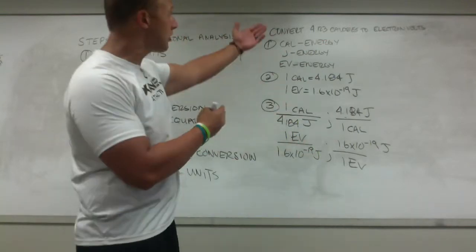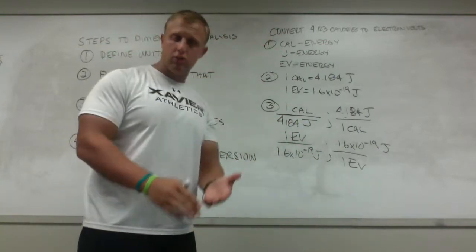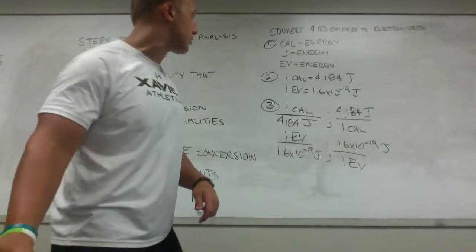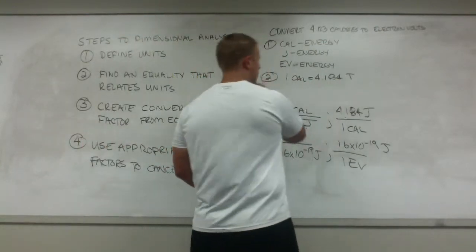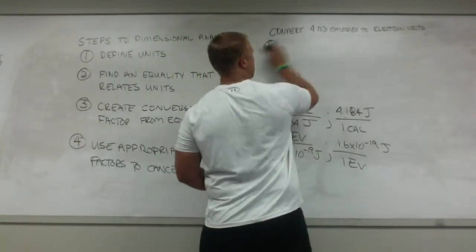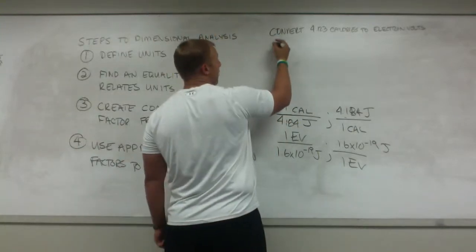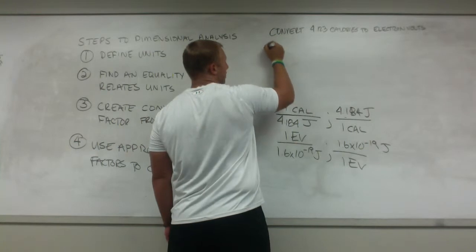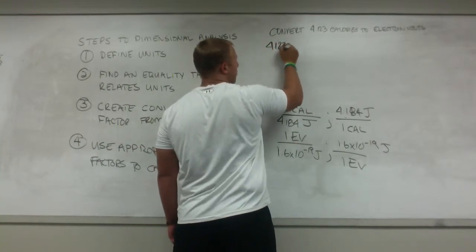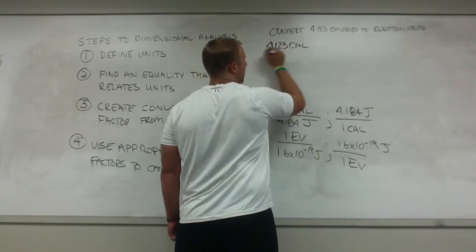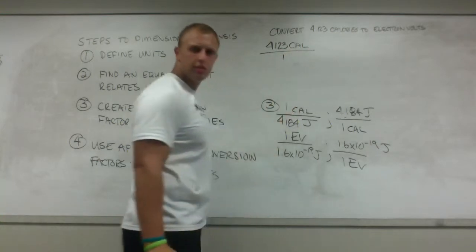We're going to take our units that we start with, and we're going to cancel those units out using those conversion factors. So let's take this out. Steps 1 and 2, we'll erase those. We're going to come back, and we're going to write down our starting number and our starting unit: 4.123 calories over 1.